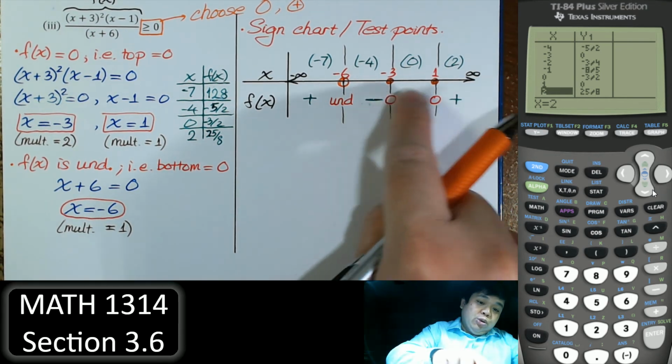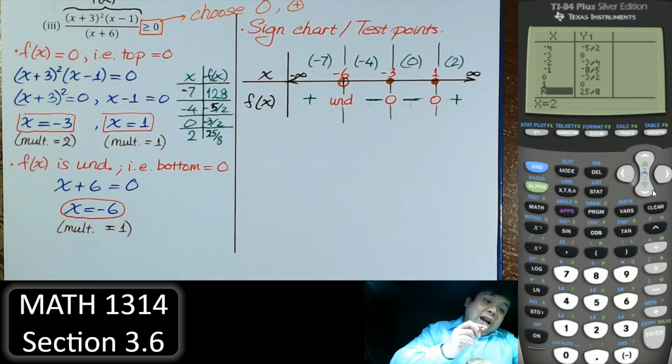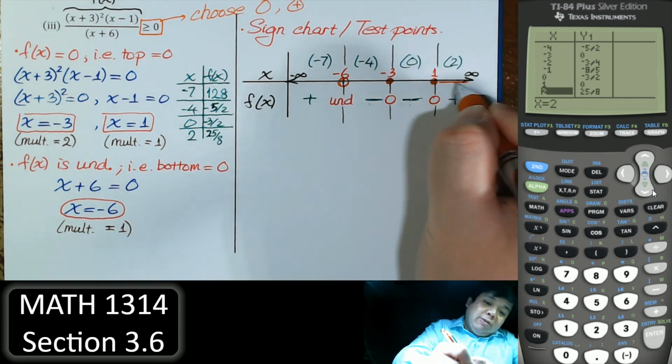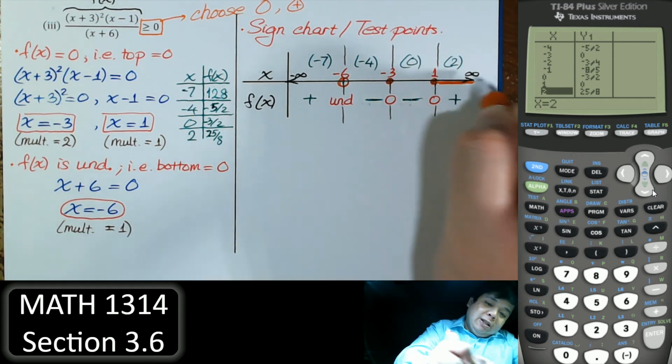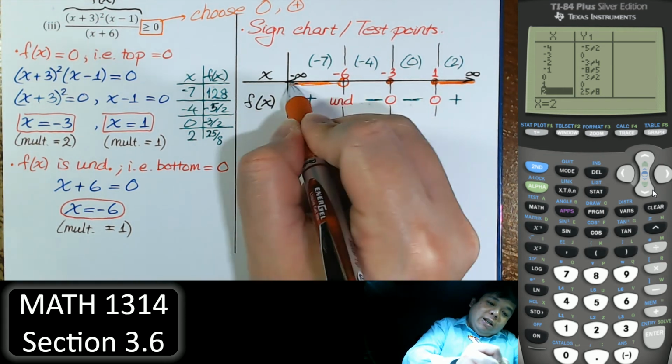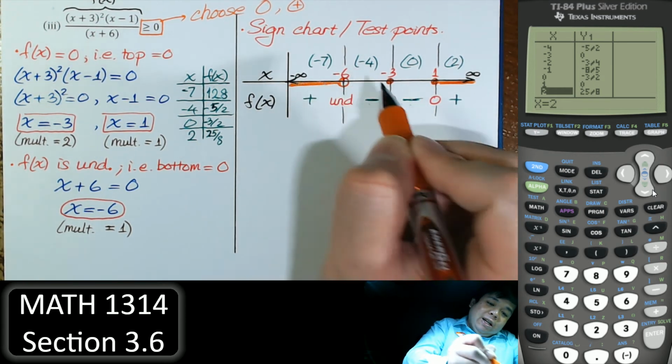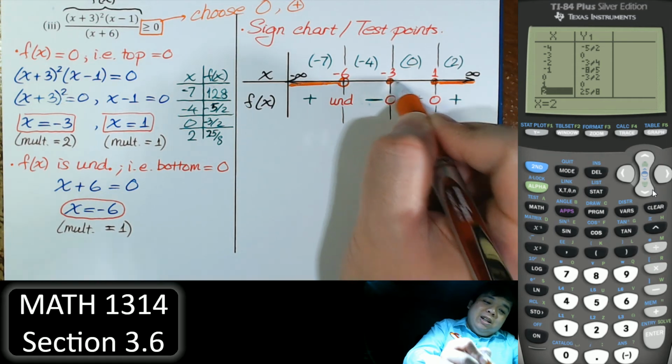So we choose 0, don't choose that, and then choose positive. So positive here and positive here. Notice there's an isolated point.